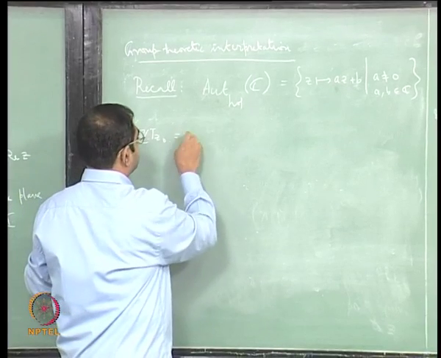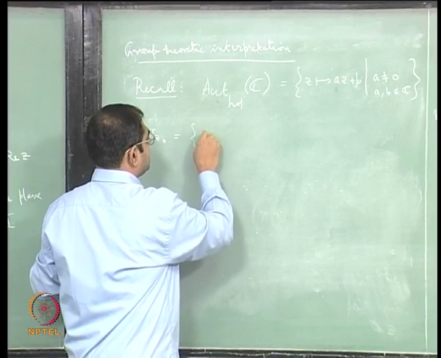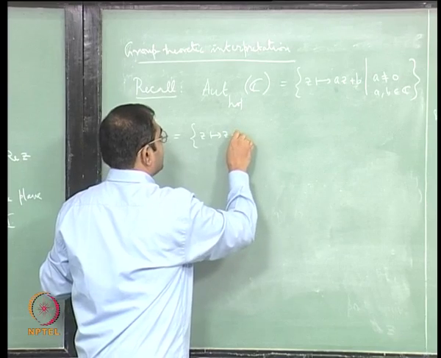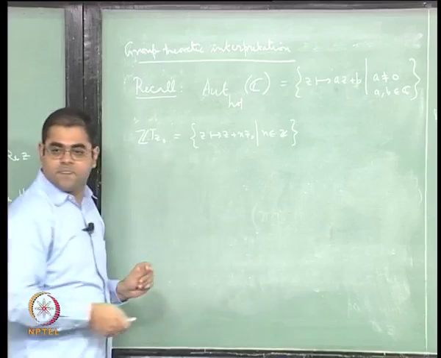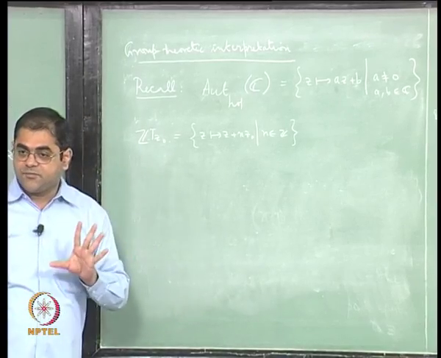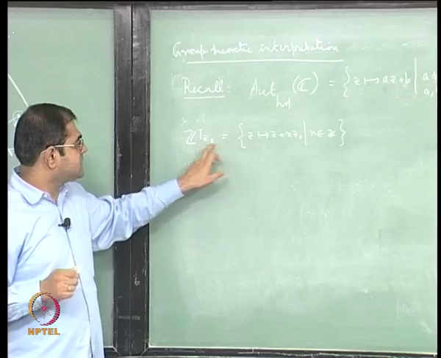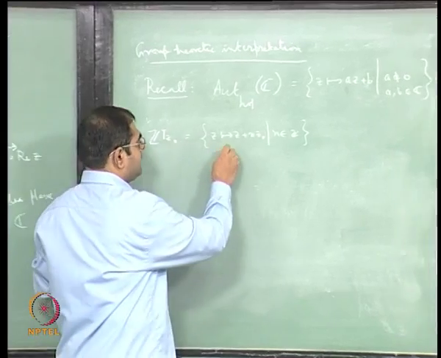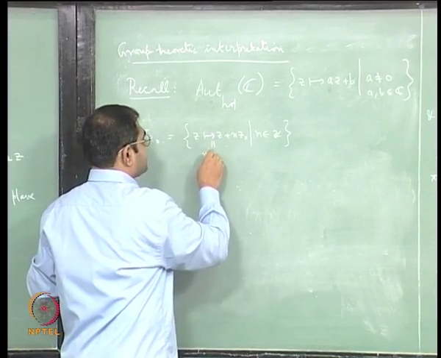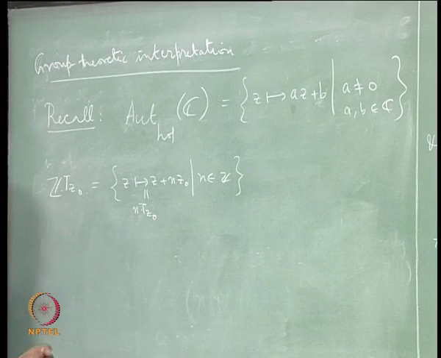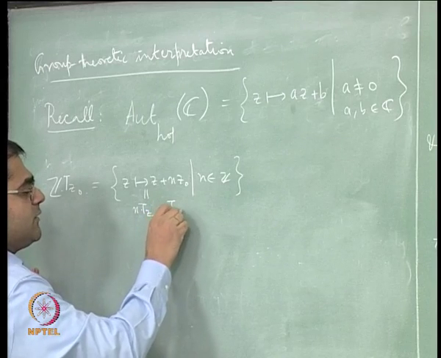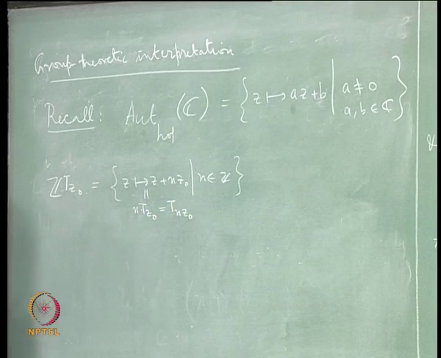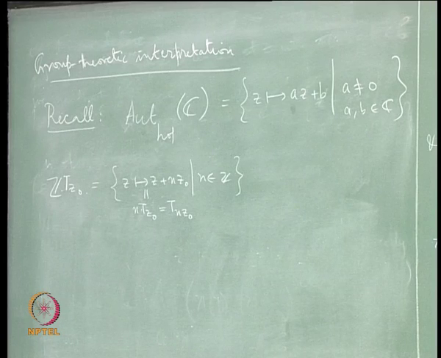Which is the set of all maps z going to z plus n z0, where n is an integer. Okay, of course mind you, again z0 is not 0 and t z0 is this map, and this map will then be n times t z0, and you can check that this is also equal to translation by n times z0, if t sub lambda denotes translation by lambda.